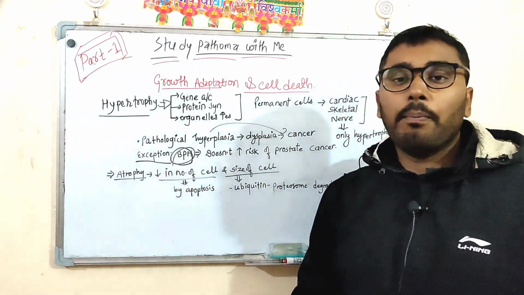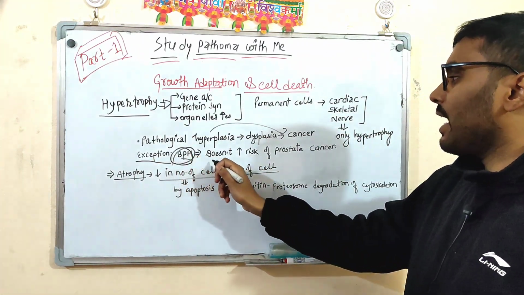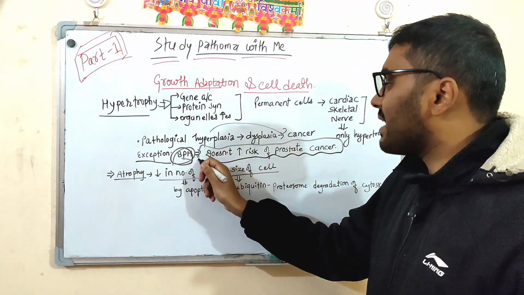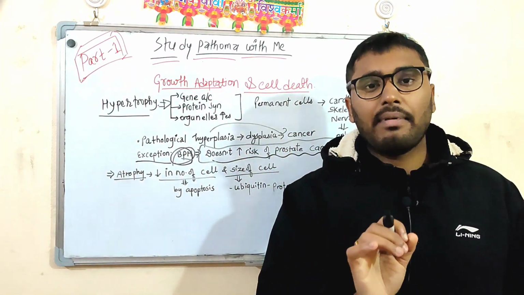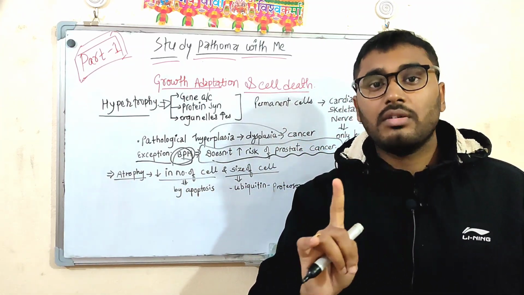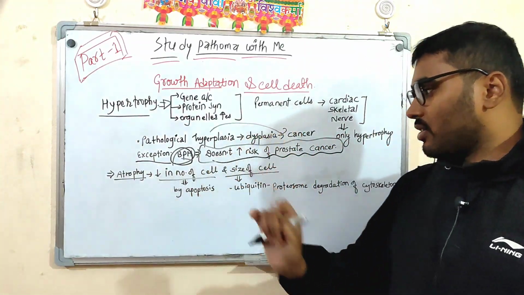The answer is benign prostatic hyperplasia. So friends, BPH does not increase the risk of prostate cancer. It is also a pathological hyperplasia, but it does not increase the risk of prostate cancer. Okay friends, so let's go down.